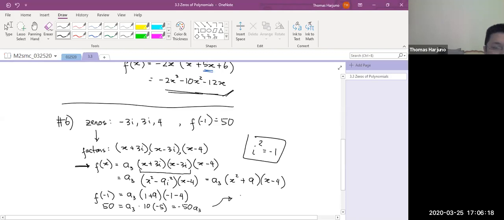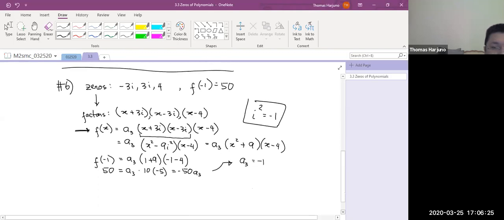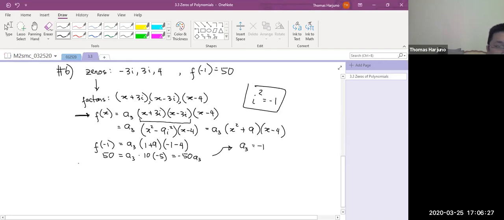Therefore, a sub 3 equals negative 10. So our f(x) will be negative 10 times (x squared plus 9) times (x minus 4).